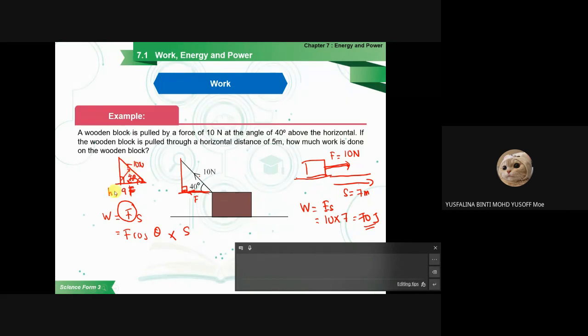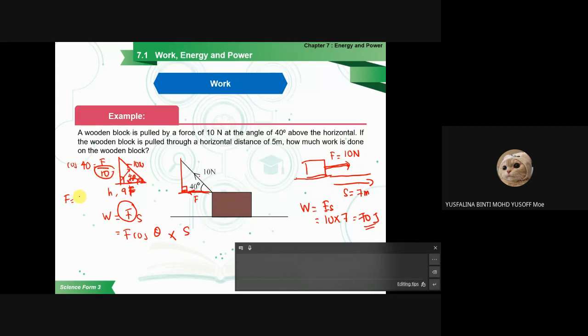So adjacent and hypotenuse, we use cos, right? So cos, what is the theta here? The angle here is 40. Cos 40 equals adjacent, and adjacent is F, right? So F divided by the hypotenuse, which is 10. If I want to find F, this one is divide, right?